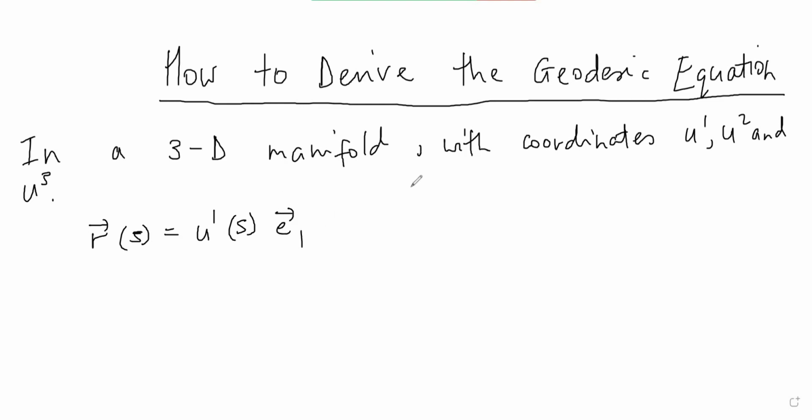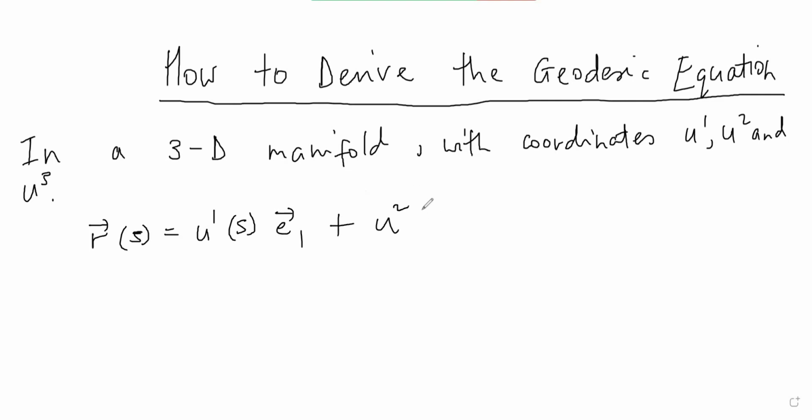Multiplied obviously by the vector E1. So the E1 is a base vector. So we're expressing this position vector in terms of this basis. The basis vectors are E1, E2, and E3. So let me write the rest of the components.